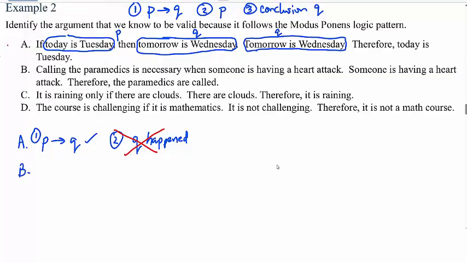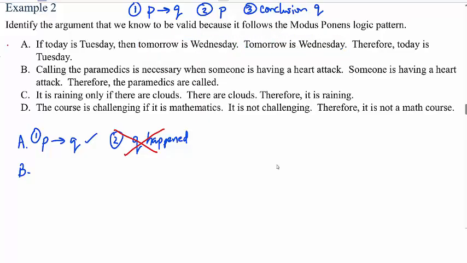option B here. So I'm going to erase this stuff, okay? Because we're going to focus on B. So B says calling the paramedics is necessary when someone is having a heart attack. Okay, so this one is not written in if P then Q form.